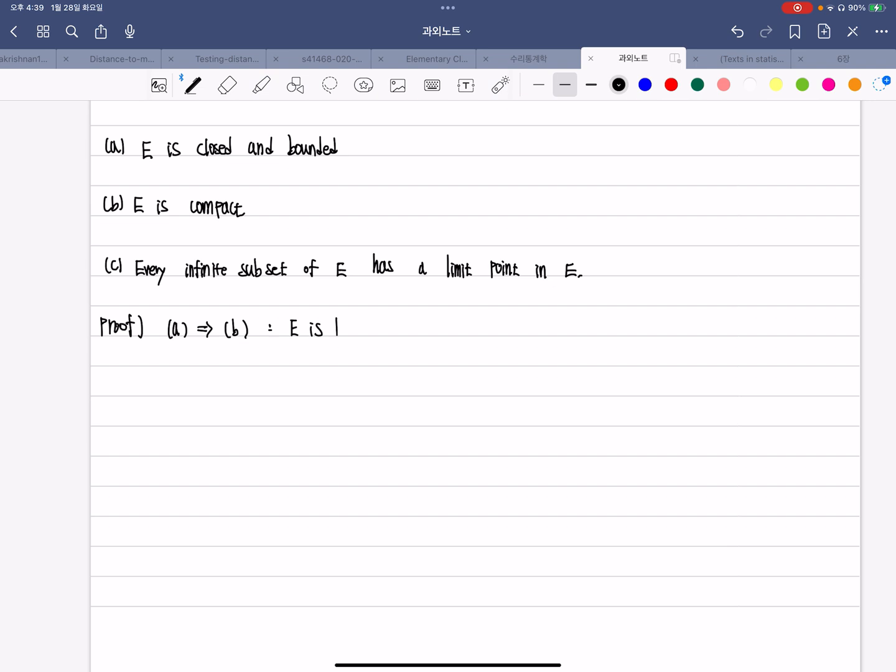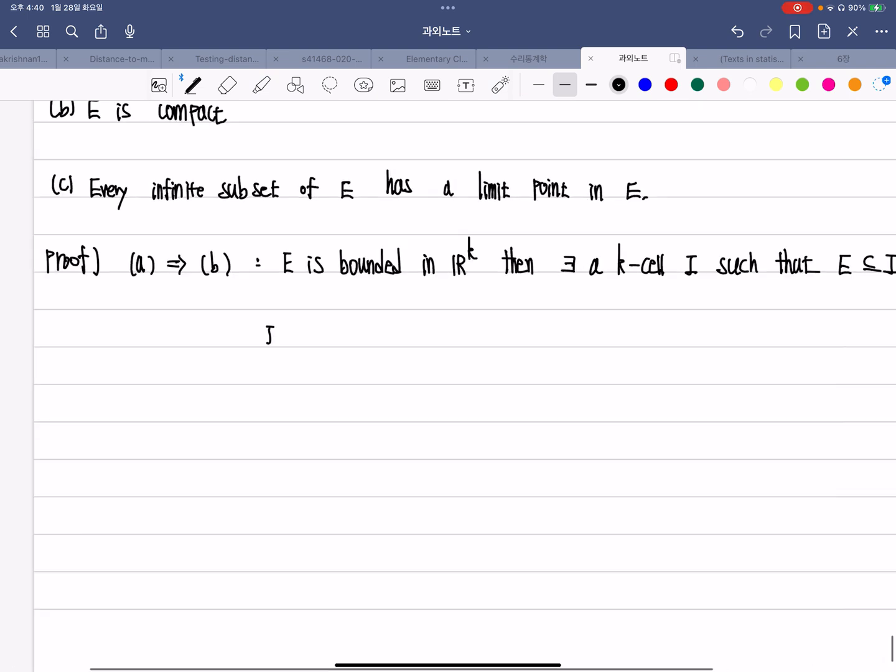If E is bounded in Rk, then there exists a k-cell I such that E is contained in I. I is compact and E is closed in the metric space.